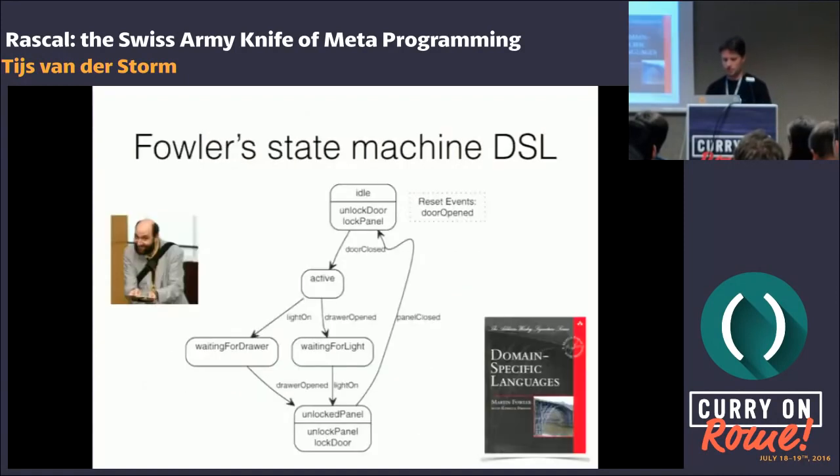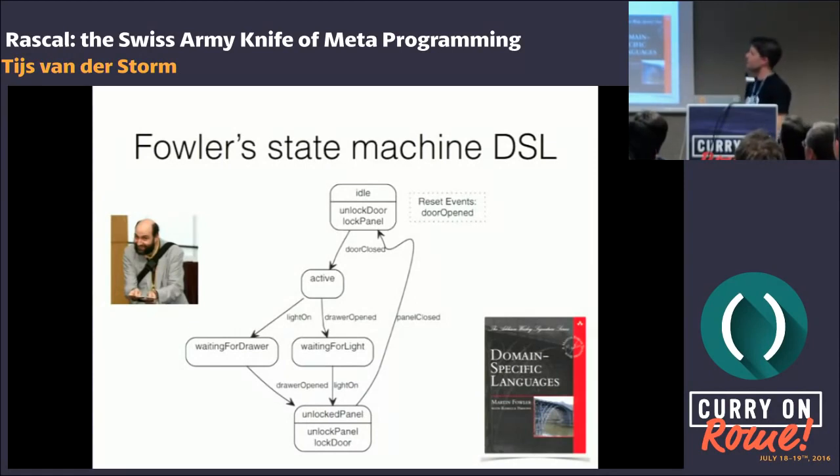So I'm not going to live code the whole DSL now. That would be great, but I do have a small example. So this is Martin Fowler trying to sell design patterns. He's also known for writing this massive book on domain-specific languages.